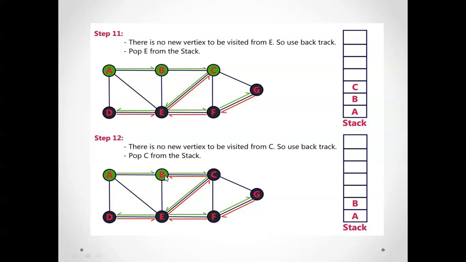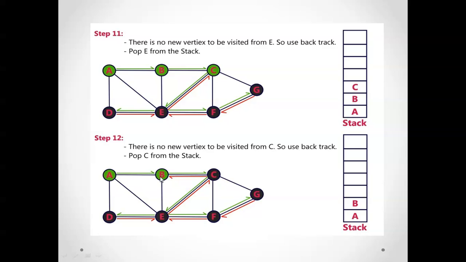Is there any non-visited element from B? No, already C is visited, E is visited, and A is visited. If you do not have a new non-visited element, we need to perform the backtracking. Now from B to A, we are performing the backtracking.